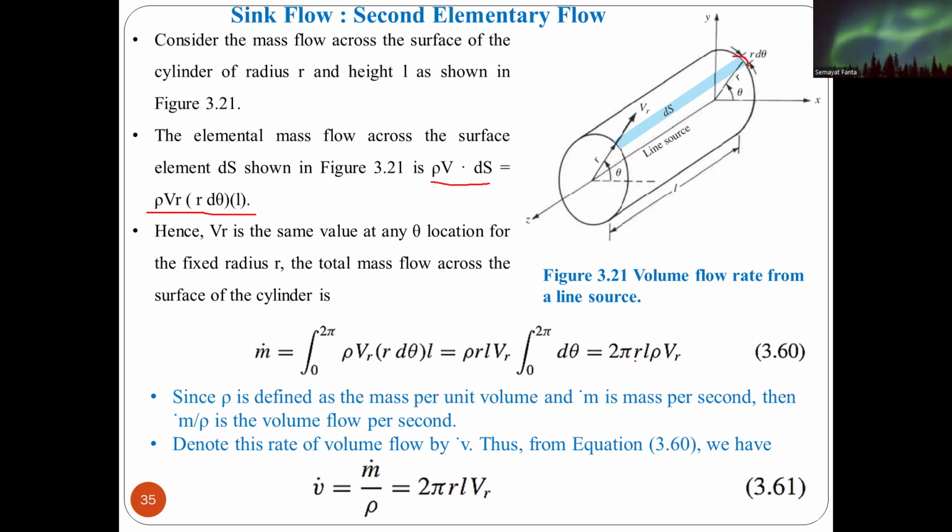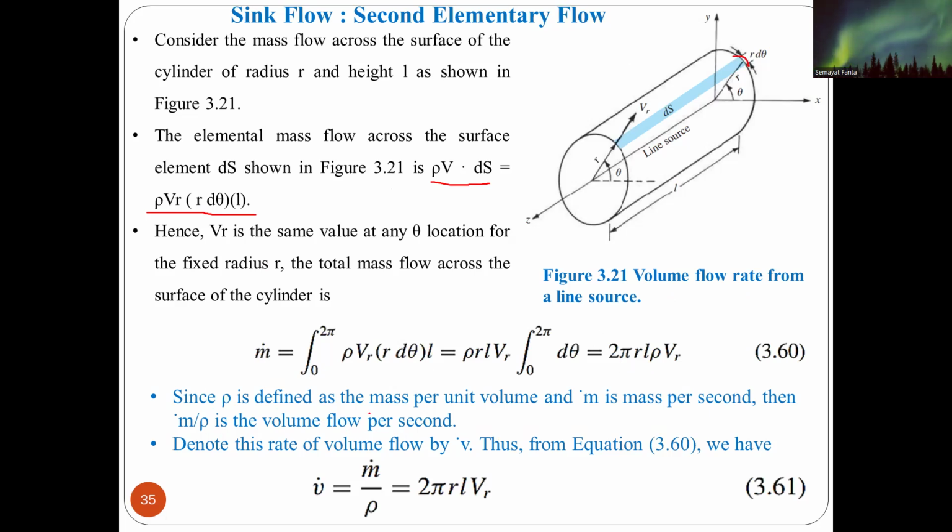Here r is the radius of the cylinder, L is the length of the cylinder, rho is the density, and Vr is the radial component of velocity. So the mass flow rate is defined in this way.